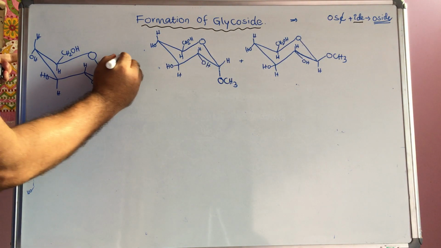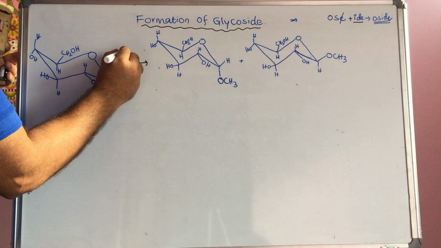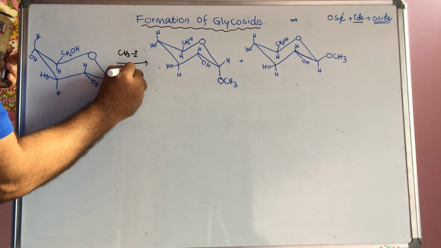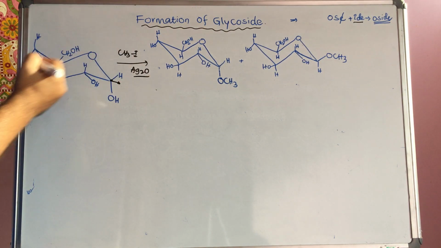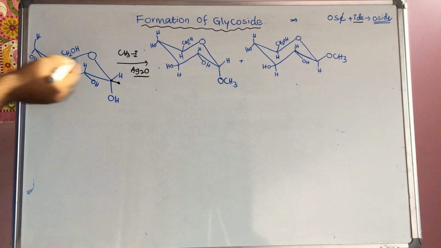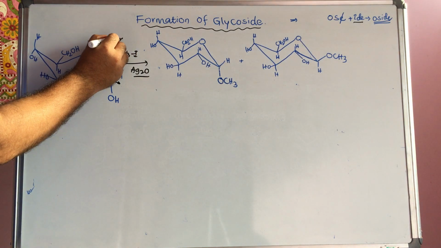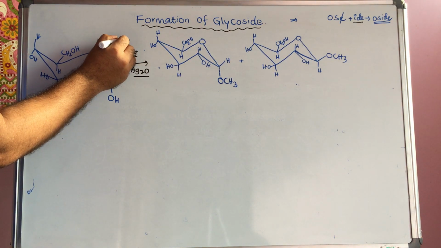Now this reaction is carried out with methyl iodide and Ag2O, this is the base, with methyl iodide taken in excess.